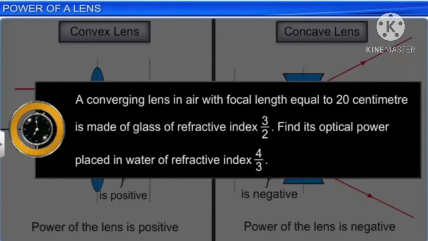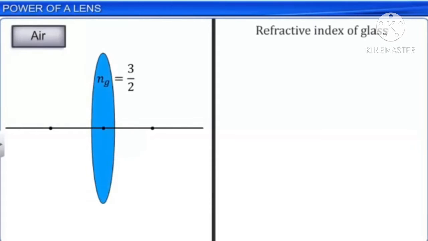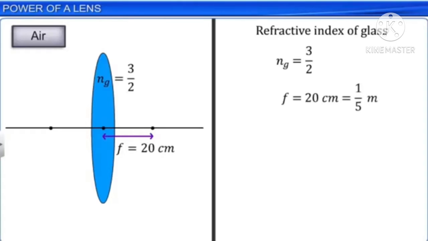According to the lens maker's formula, 1 by f is equal to (Ng minus 1) into (1 by R1 minus 1 by R2). Substituting the values of f and Ng in the equation and on further simplification, we get 1 by R1 minus 1 by R2 is equal to 10 per meter.